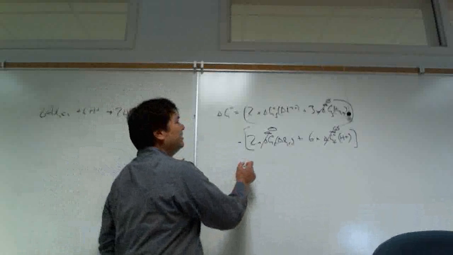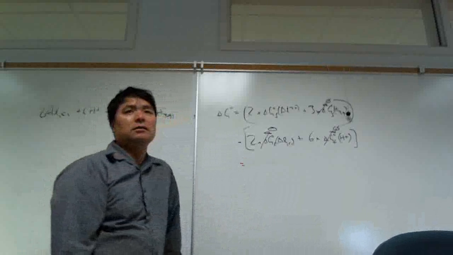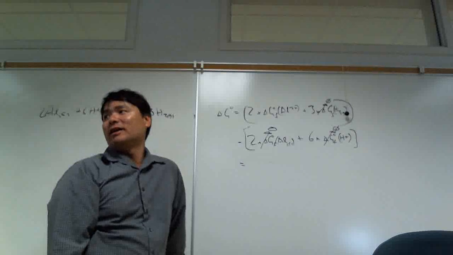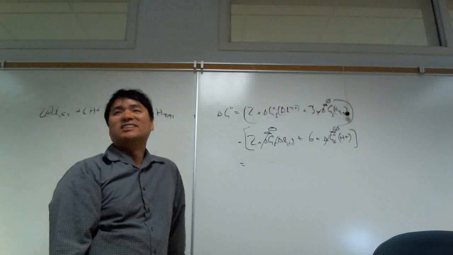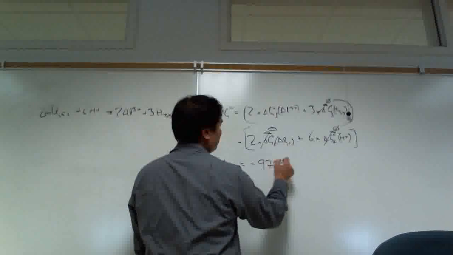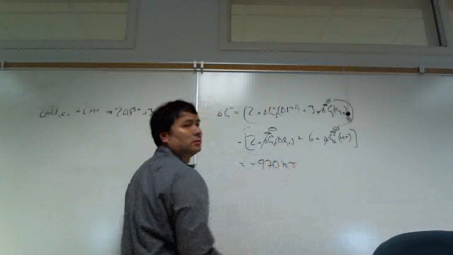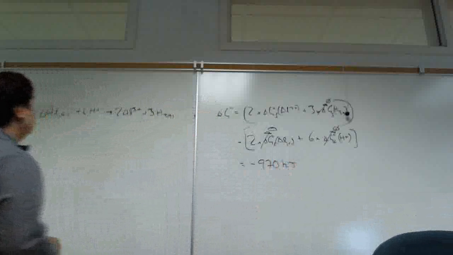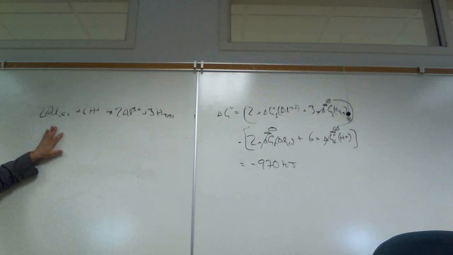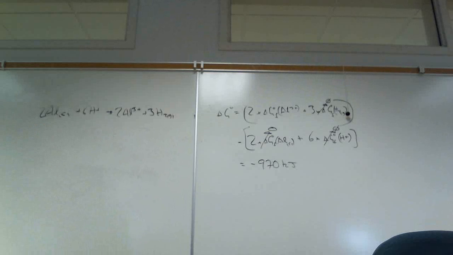And we end up with 2 times minus 485, which is negative 970. That should be a negative. It's going to be negative 970 kilojoules. I'm sorry, there's a mistake on the test. Fix that.